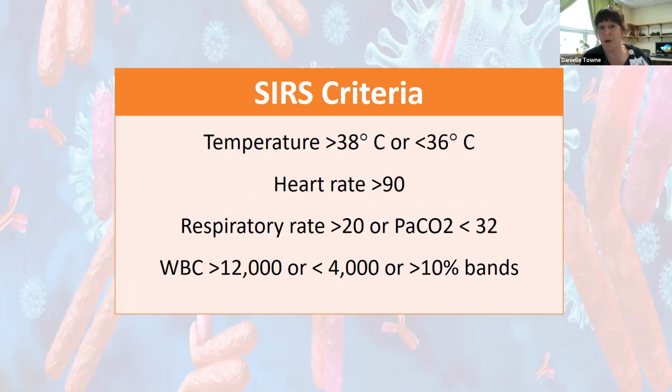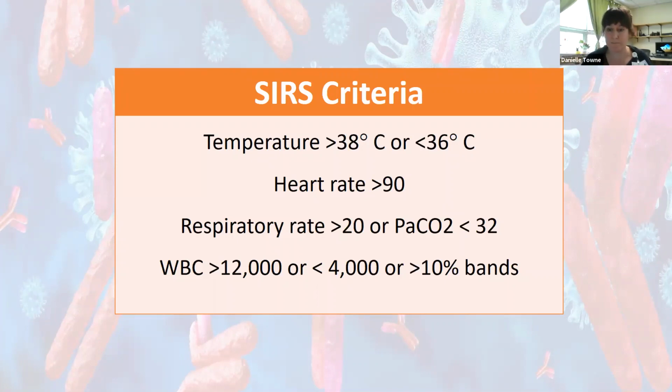And you can be positive on a lot of these from very other things, right? Like, you could have heat stroke and have an elevated temp, elevated heart rate, and elevated respiratory rate and meet this criteria, right? So it's not something that's used often or recommended, I should say, often by experts anymore, but I think it is still used somewhat because this was one of the main criteria points that was used for a long time.